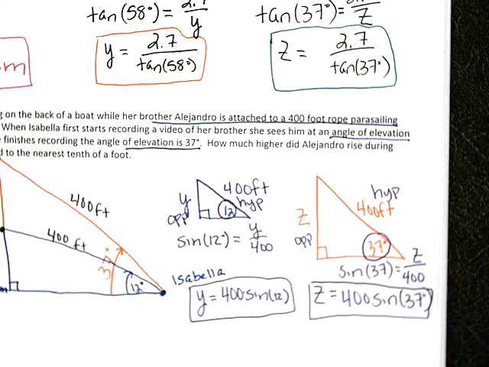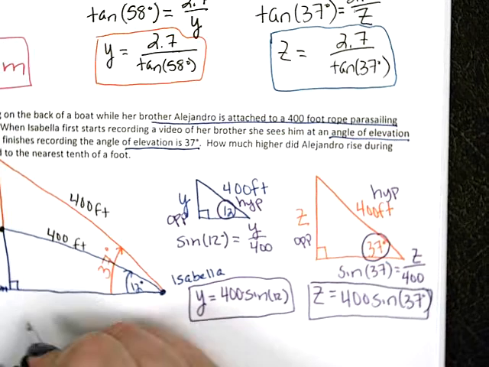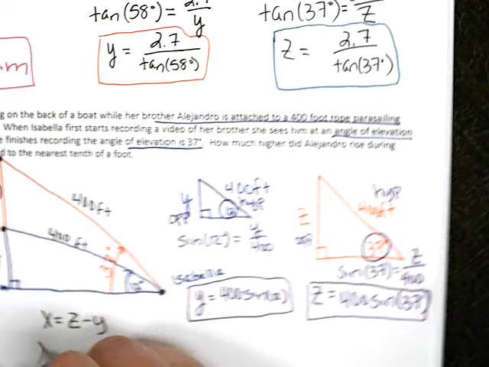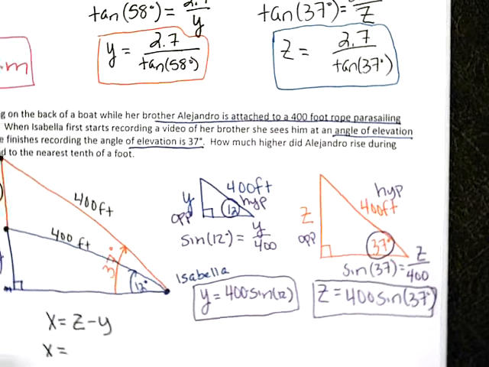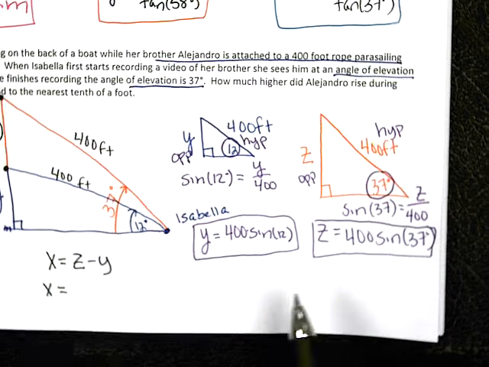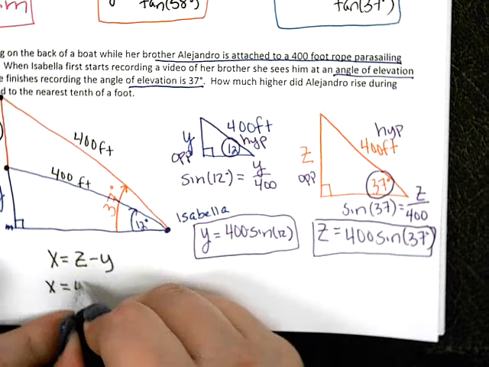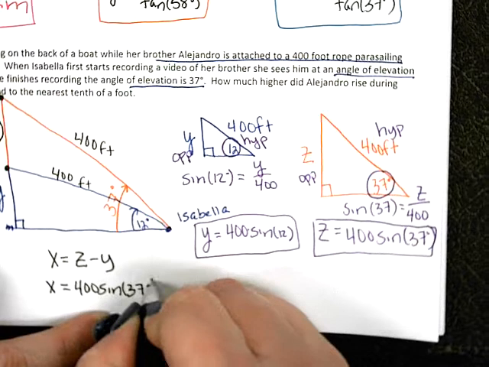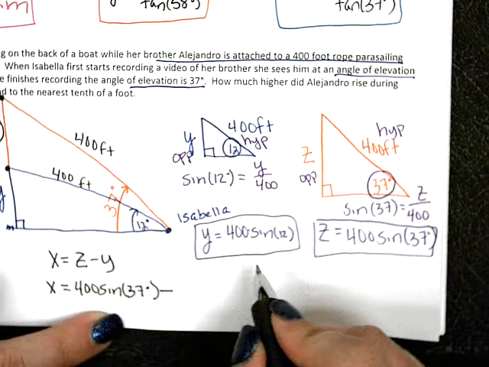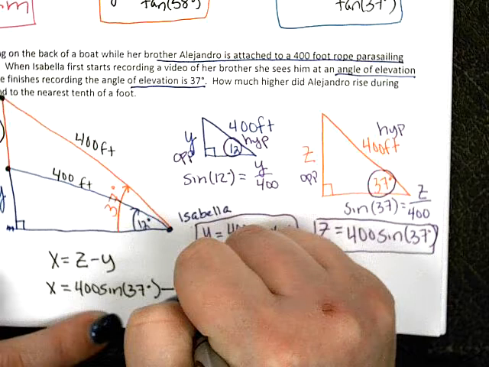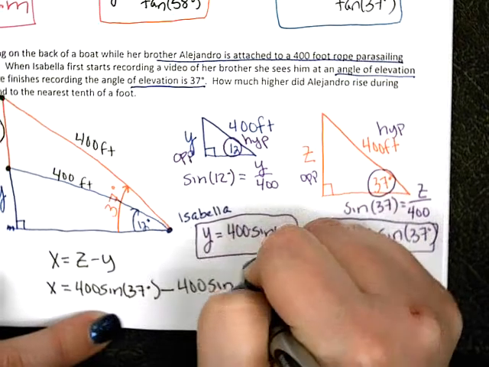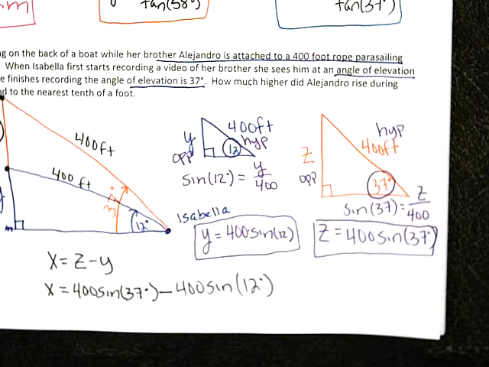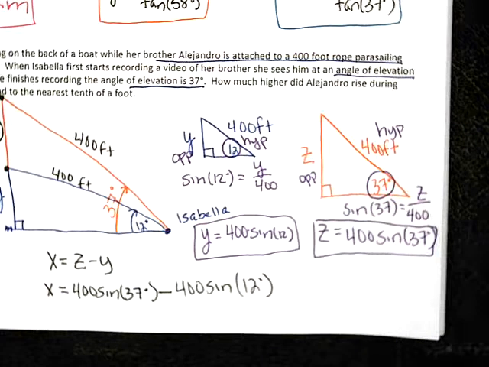Okay, and we know, again, that x is going to equal z minus y, which means in this case, x equals, well, z is 400 sine of 37 degrees minus y, which is 400 times the sine of 12 degrees. And we're going to put that in our calculators.